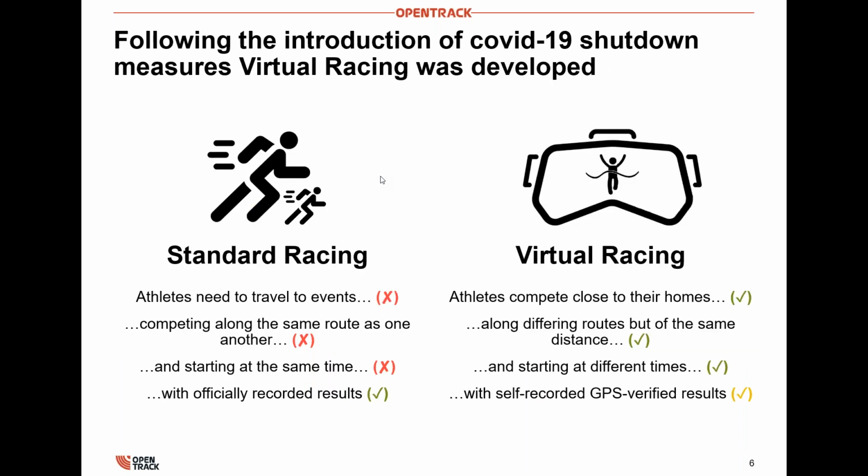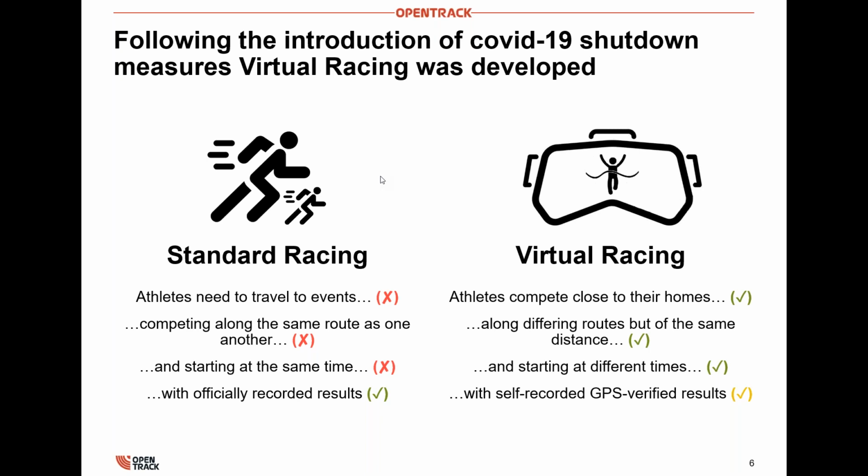So the reason you guys all came here, virtual racing, what is it? Well, virtual racing started as a reaction to the UK's shutdown following COVID-19. With the introduction of social distancing rules, standard racing wasn't applicable anymore, and a new form of racing was needed.